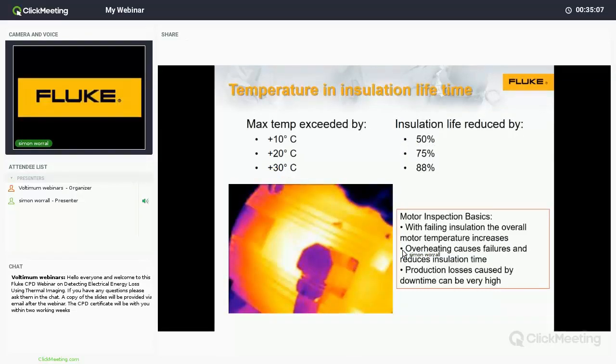And all your motors will have a nameplate on them. It will tell you the kilowatt or the horsepower of the motor. It will tell you the RPM. But another key factor on the nameplate will be the maximum temperature. If you exceed the maximum temperature by just 10 degrees, the insulation life inside the motor will be reduced by 50%. 20 degrees, 75%. 30 degrees, 88% roughly.